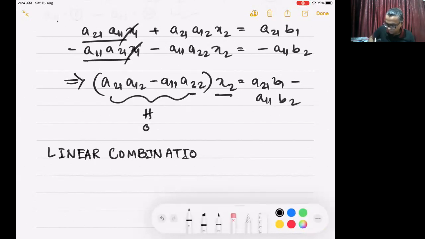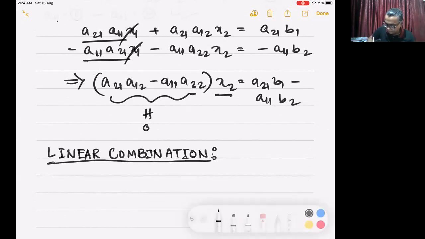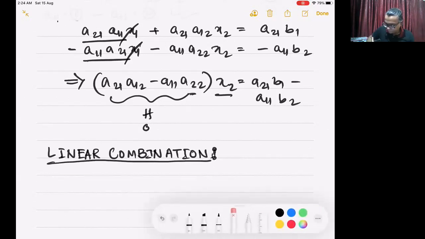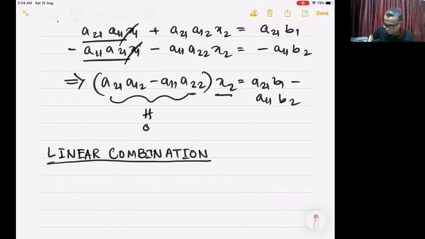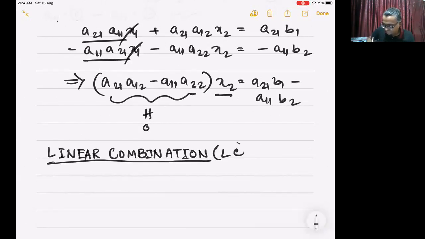So much so that it makes ample sense to actually go ahead and define an abbreviation, LC. This is going to be important for us, linear combination.